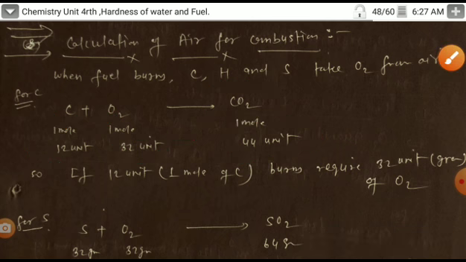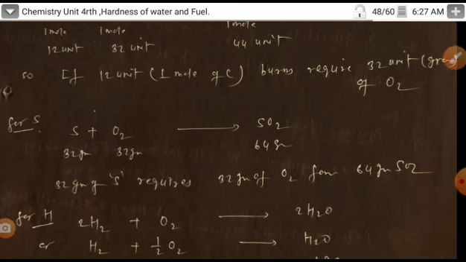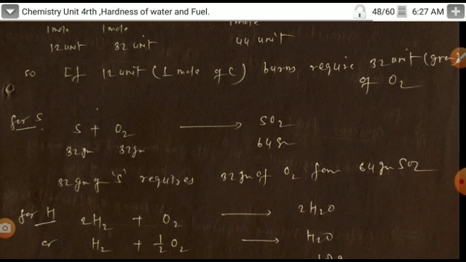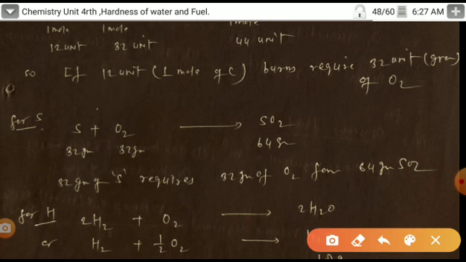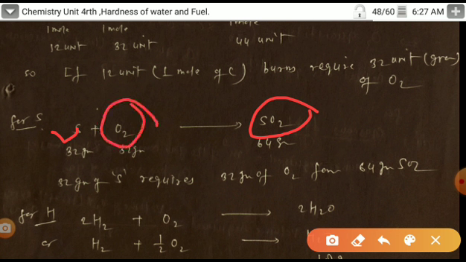Now let us understand the other constituent which is responsible for burning. That element is sulfur. When sulfur is burned in the presence of oxygen, it will form sulfur dioxide. Now 1 mole of sulfur, present in atomic form, burns in the presence of oxygen, and 1 mole of sulfur dioxide will be formed.